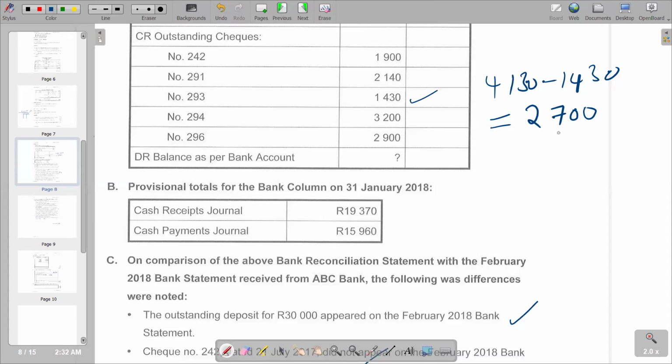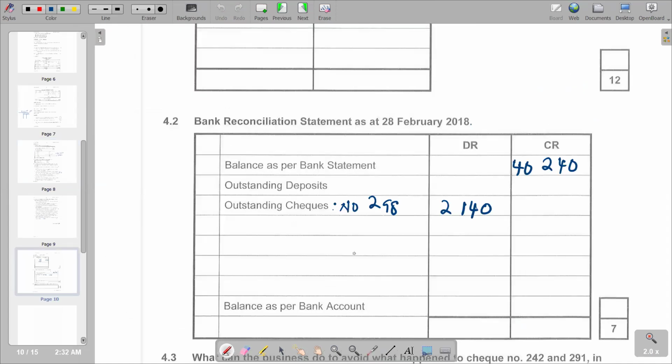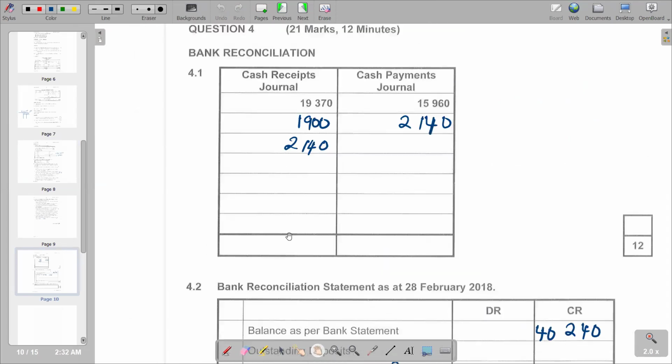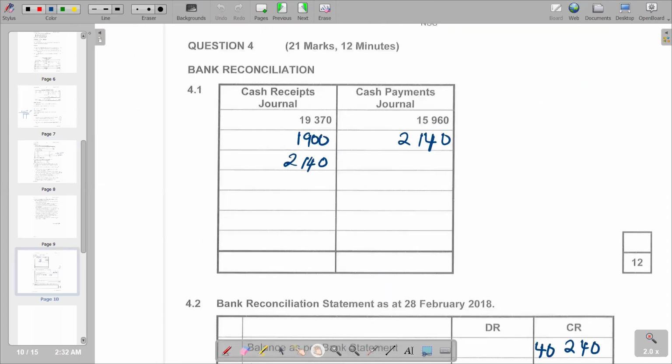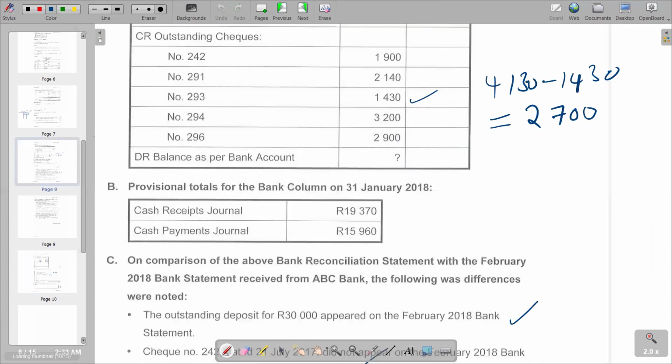The answer that you get is 2,700. So what it means is the figure that we have under the cash payment journal is lesser by 2,700. So we go to the cash payment journal and we put another 2,700. And we can go to the next one.